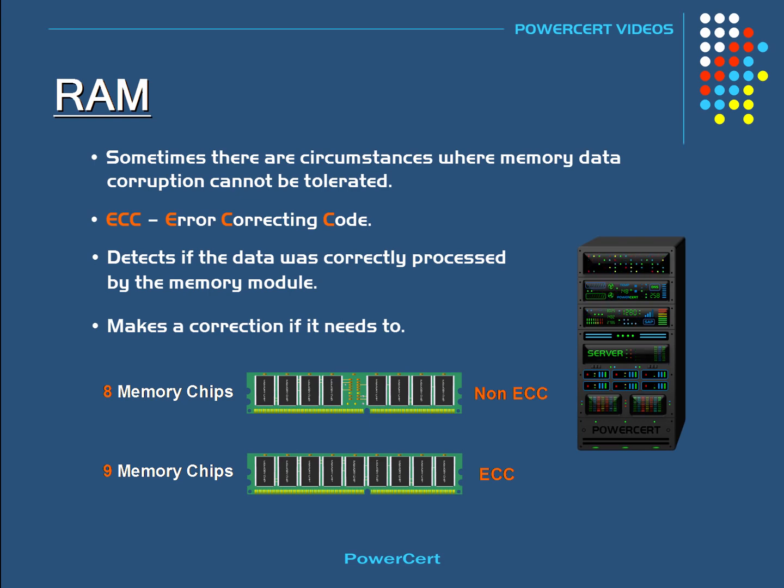Now most RAM modules today are non-ECC, and this is because of the advance in technology that has minimized memory errors and has made non-ECC RAM more stable. But as stated before, ECC memory is mostly used in servers, because servers need to be up and running at all times, and using ECC memory is just an extra precaution to guard against any memory errors.